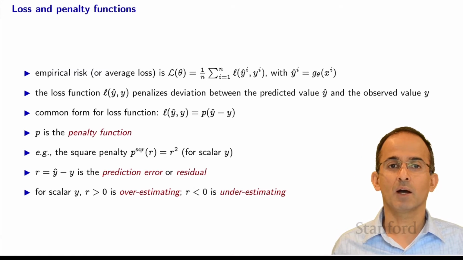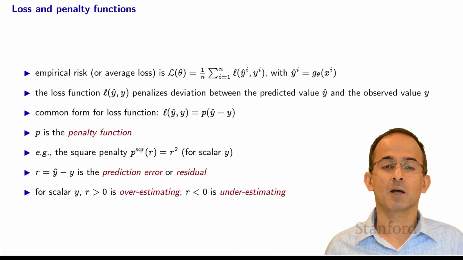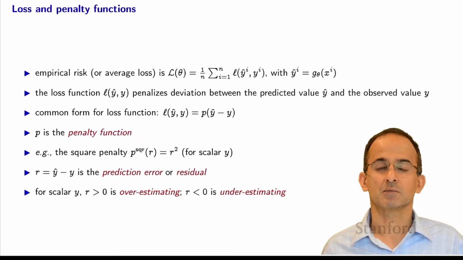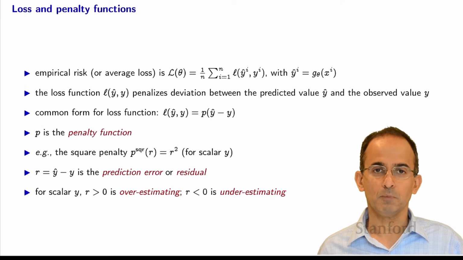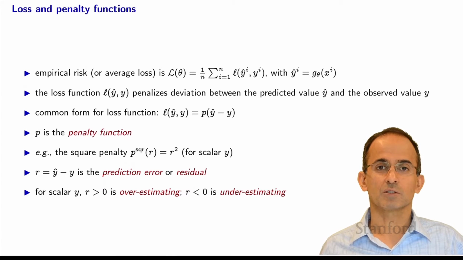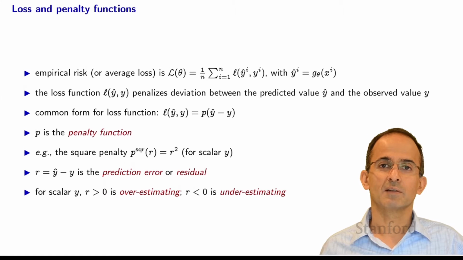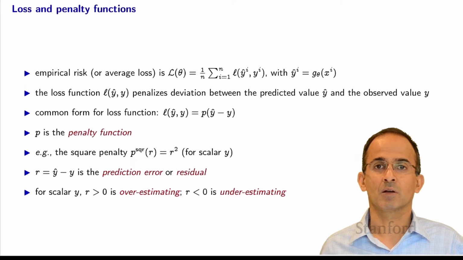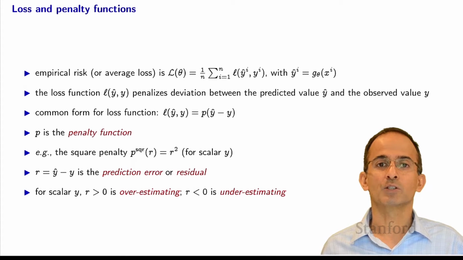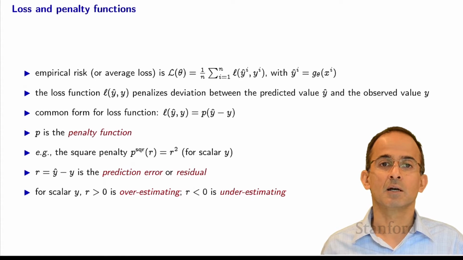If you've got a scalar y, then r greater than 0 means that our predictor is overestimating, and r less than 0 means that our predictor is underestimating. Not all loss functions have this form. We've seen, for example, the percentage error, which had a form which could not be expressed as a penalty function of ŷ minus y.